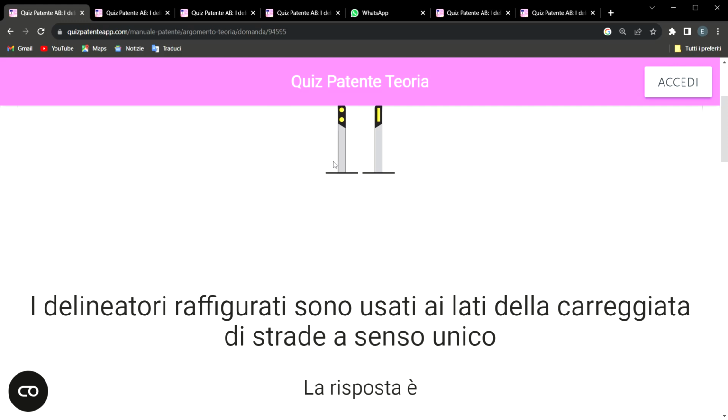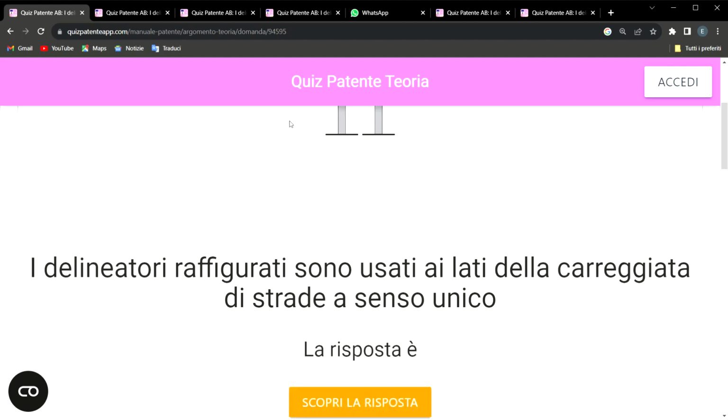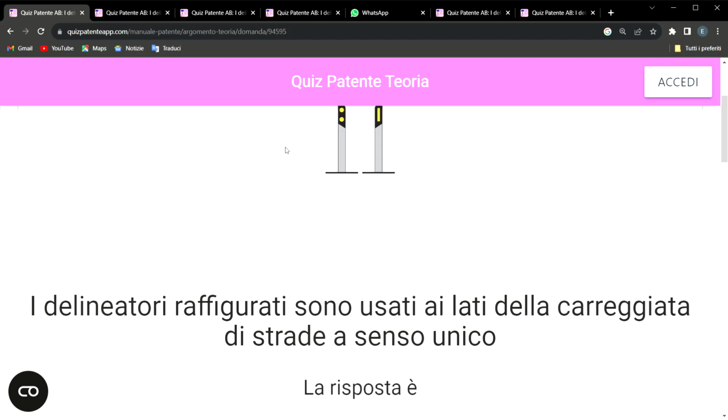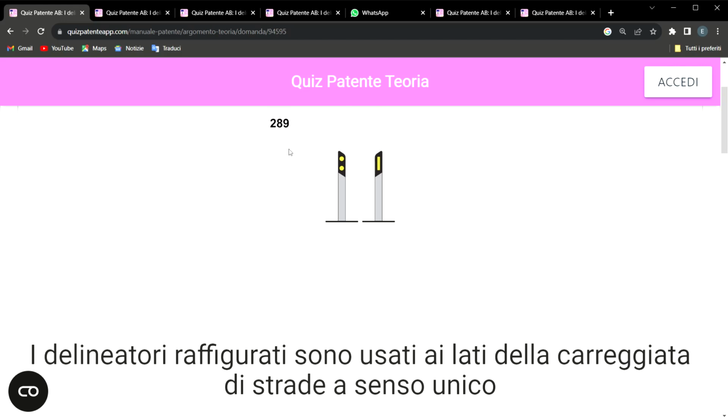When we're talking about delineatore per la strada senso unico, in English this is talking about a reflexive equipment used on a one way road. So we have a few quizzes to quickly attend to based on this very topic.